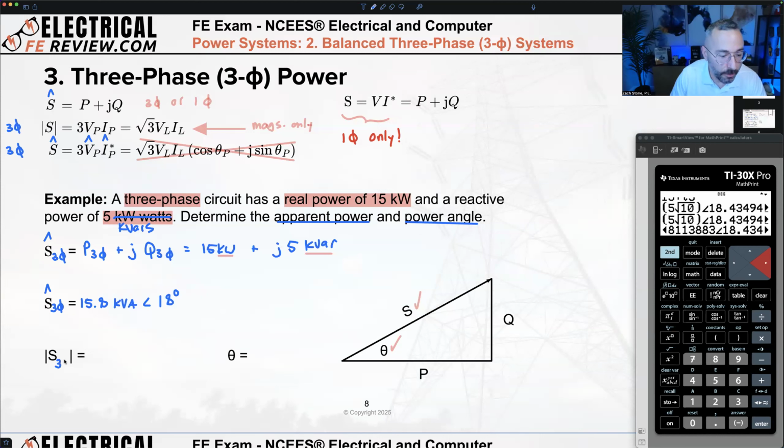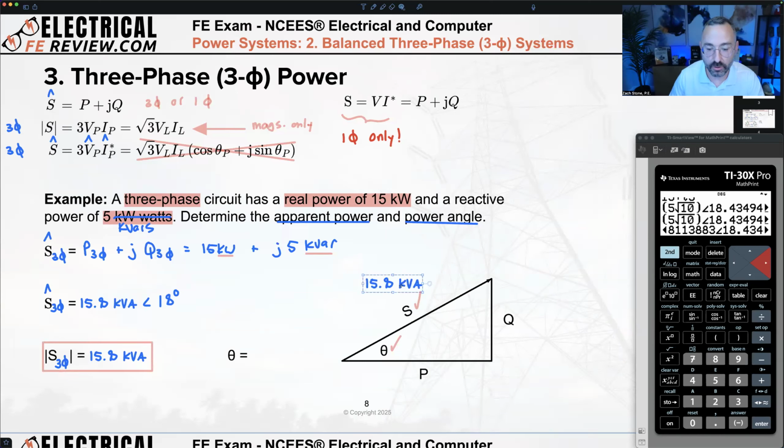All right, so the magnitude of our three-phase complex power is also known as apparent power. Remember, apparent power is just the magnitude. Complex power is either magnitude and angle, or real plus J times the imaginary component. Here is apparent power, 15.8 kVA.